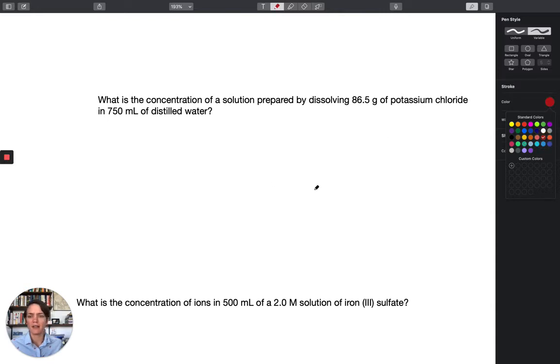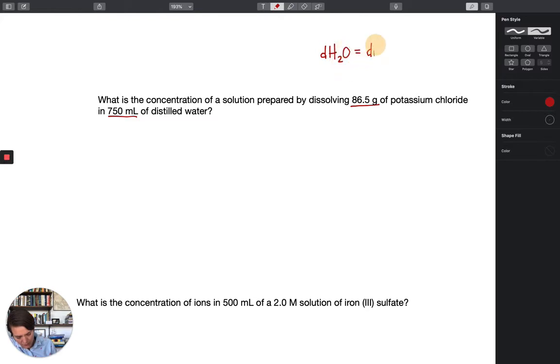All right, so we have a couple problems here. What is the concentration of a solution prepared by dissolving 86.5 grams of potassium chloride in 750 milliliters of distilled water? Make sure that you are familiar with this abbreviation for distilled water, which is just DH2O.